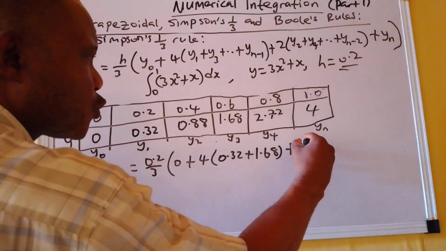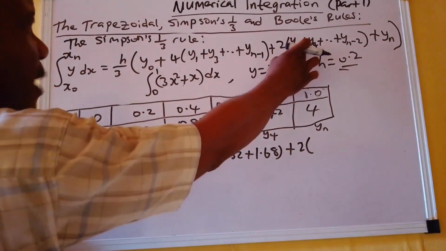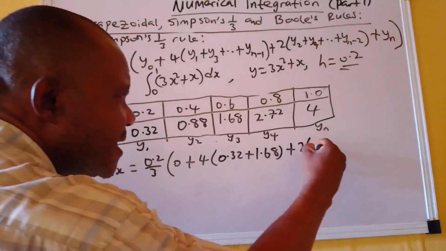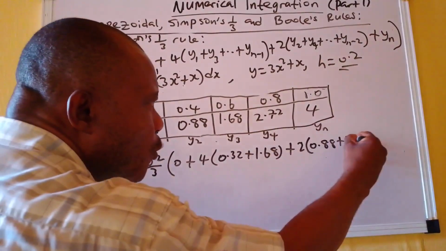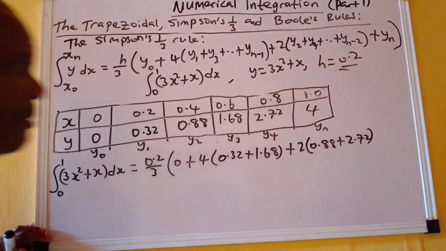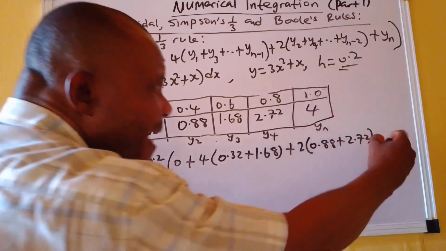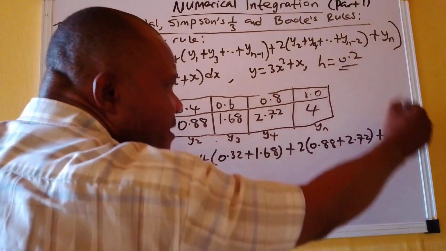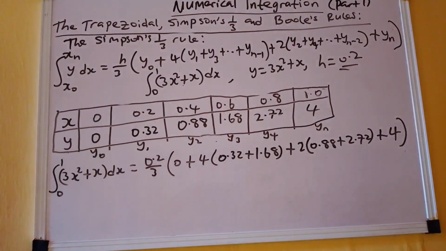Then this one will be plus 2 into y2 plus y4. Our y2 is 0.88 plus our y4 is 2.72. You cover the bracket. Then the last y, which is yn, is also reserved, plus the yn, which is now 4, like you have it here. Then you cover the major bracket. That is how it is done.